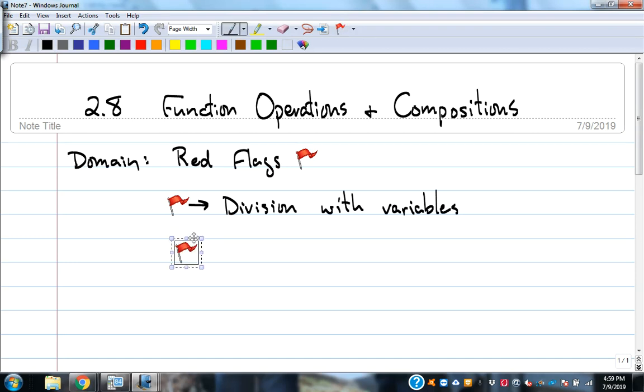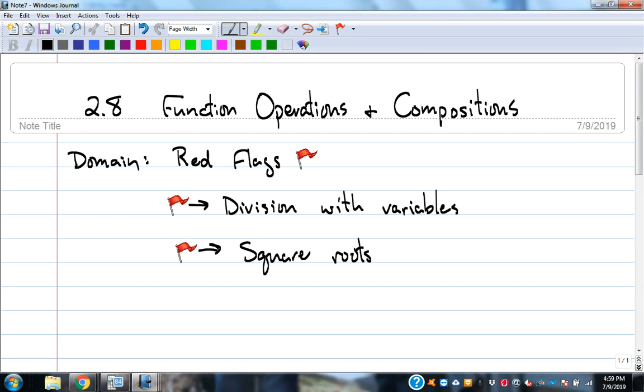The other red flag that we dealt with were square roots. So those things still occur when we talk about function operations and domains that are related to those. So when we're finding the domain of a function operation, we're still looking at the same red flags that we did with just one function.